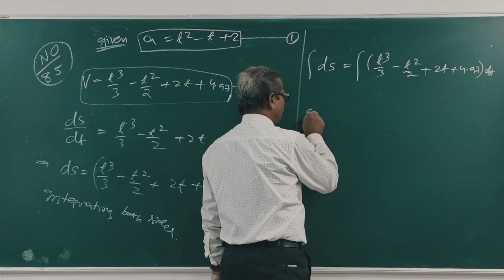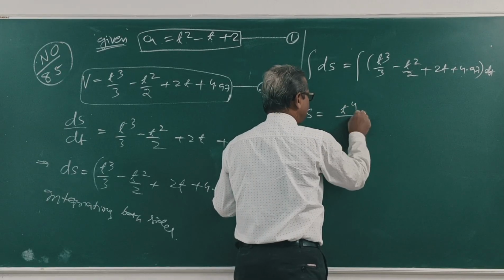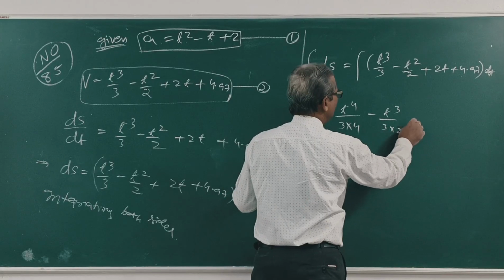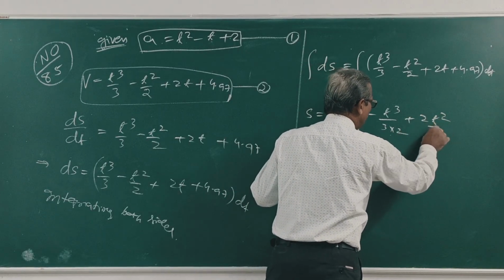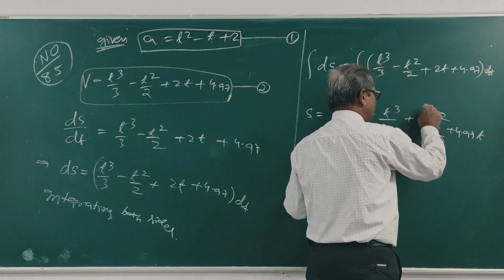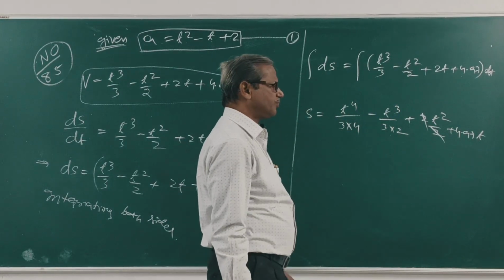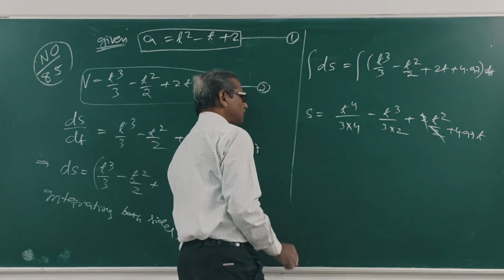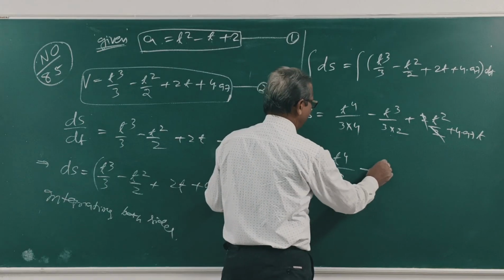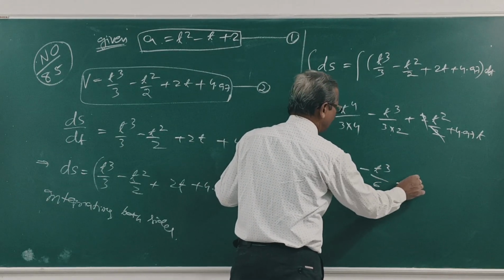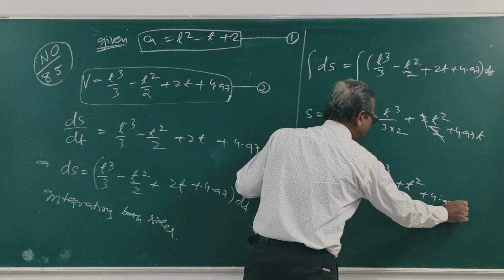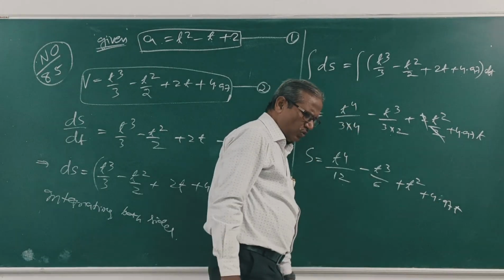This implies s is equal to t fourth by 3 into 4 minus t q by 3 into 2 plus 2 into t square by 2 plus 4.97 t. 2 cancels out. So s is equal to t fourth by 12 minus t q by 6 plus t square plus 4.97 t.